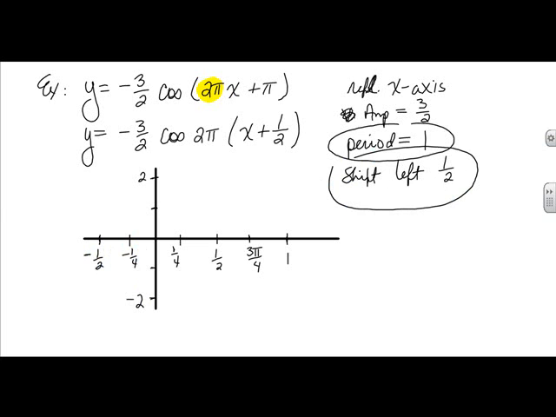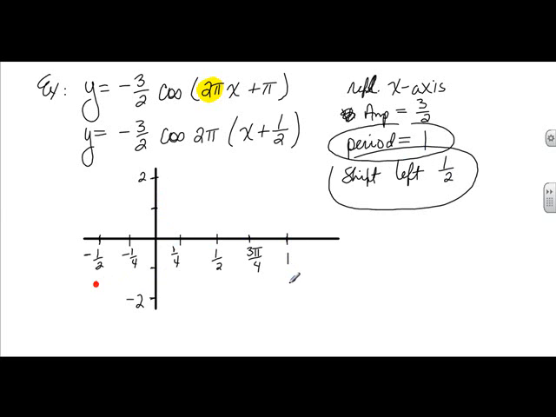Because of the reflection in the x-axis, instead of starting up on the maximum point, we're going to start down at a minimum point. So normally that minimum point would be on the y-axis, but it's shifted to the left 1/2 a unit. The end of the period would be 1, and we would be back down at that minimum point again.